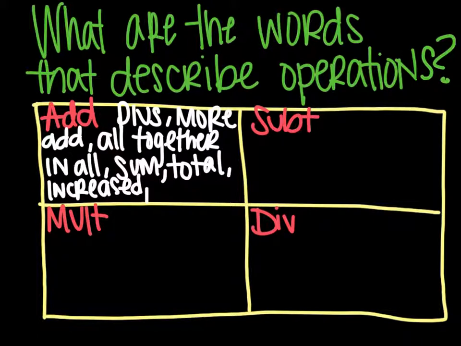I have in all. Perimeter, if you're talking about a perimeter problem, that would be adding. And those types of things. Extra would be another one.